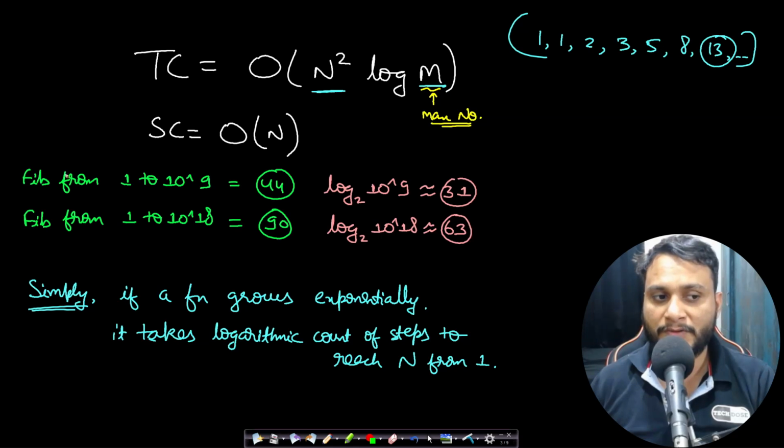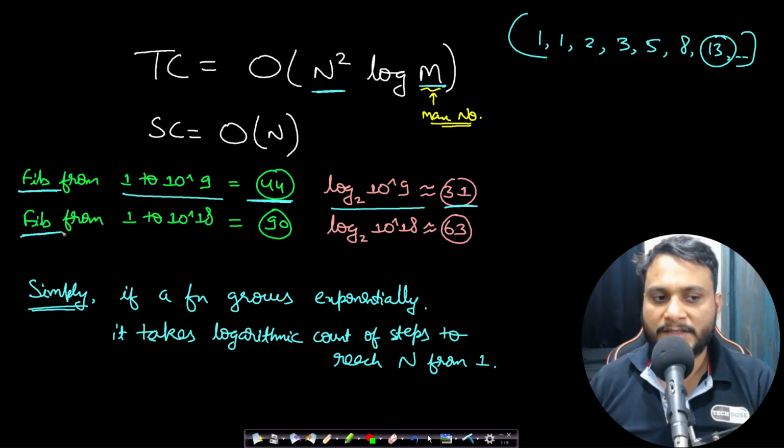Okay, just for a simple comparison, if we have to find the Fibonacci numbers, not a Fibonacci like sequence but the actual Fibonacci series, from 1 to 10 to the power of 9 there will be only 44 items, and if you consider log of 10 to the power 9 base 2, it will be almost equal to 31, just like a 32-bit integer.